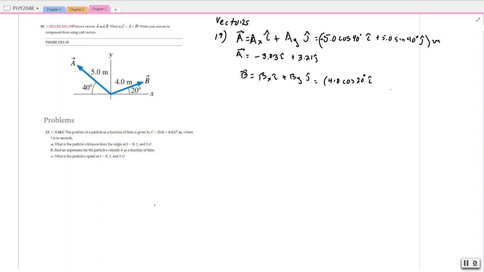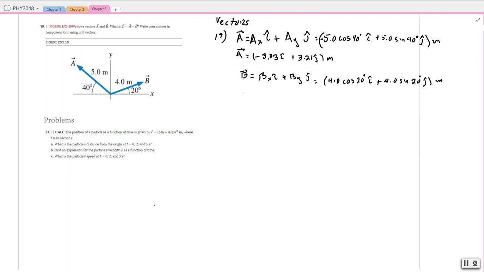Remember that the x component is adjacent to the angle, so that's why we use the cosine function, plus 4.0 sine of 20 degrees j. All this is in meters. I forgot to say here, that these are just meters, so it is a unit of length.